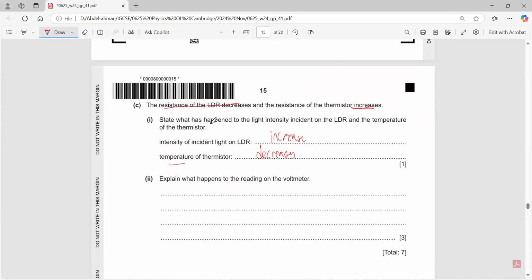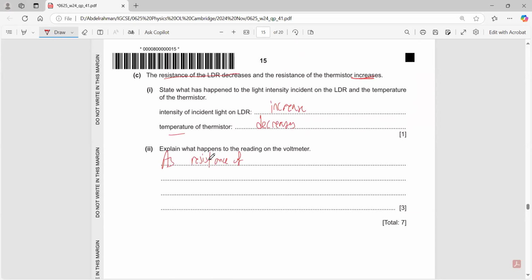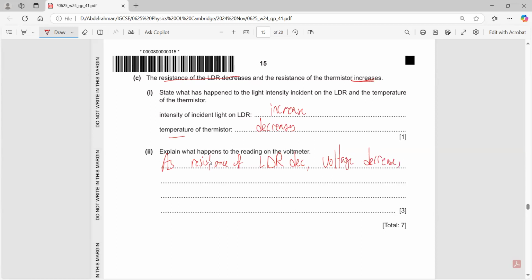So we need to say as the resistance of the LDR decreases, voltage decreases, and as the resistance of the thermistor increases, the voltage increases.